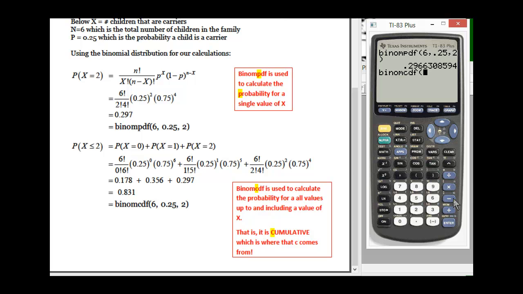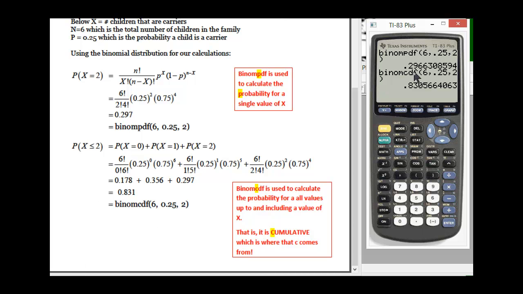And then it's the same order. I'm going to put in N, which is 6, my probability, which is 0.25, and I want the probability up to and including 2. So I'm going to enter that. That will compute the probability that X is 0, that X is 1, and X is 2, and add all those together. From class, that's what we had come up with, 0.831.